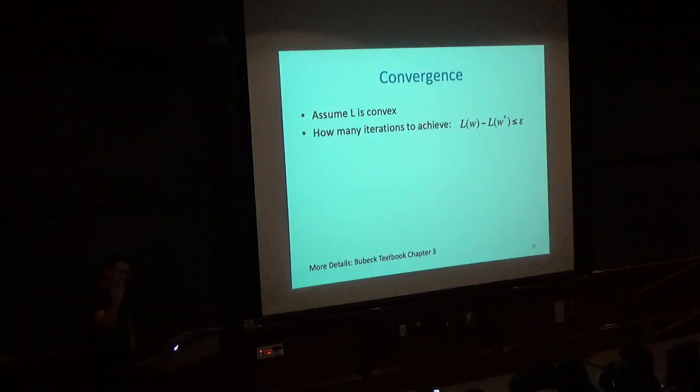Okay, so I just want to touch a little bit on what you can say theoretically about gradient descent style learning in these kinds of learning objectives. If the learning objective is convex, which it is for squared loss and linear functions, then we can reason about how many iterations we need to converge to the global optimum, or be within epsilon of the global optimum.